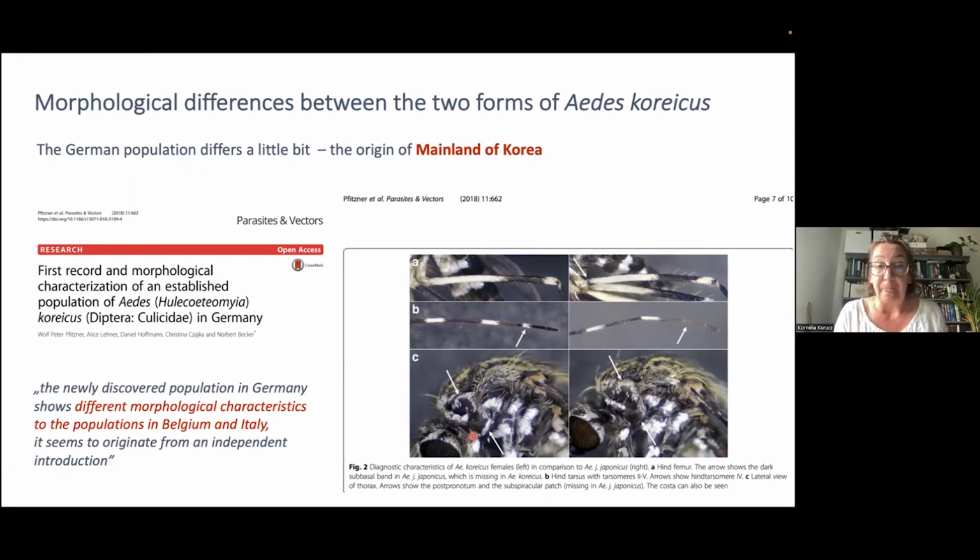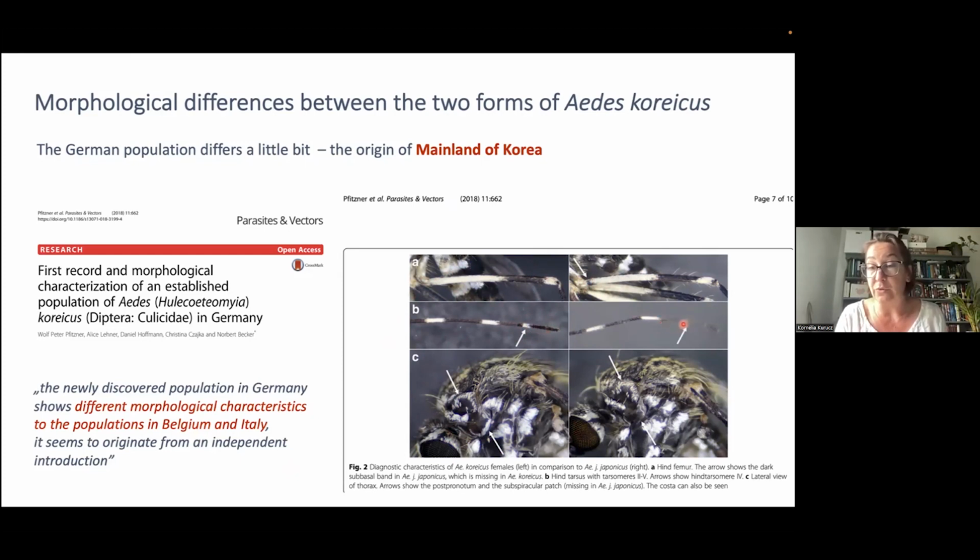And the German colleagues in their paper also showed the same characteristics. They compared the German Kornélia specimen to Japonicus, and here is the black spot again that's missing in Kornélia, and on the hind leg they showed that the white ring was on the fourth segment, but the fifth one was black.